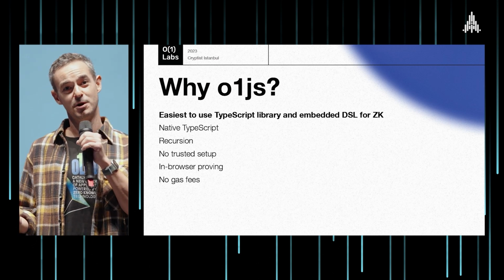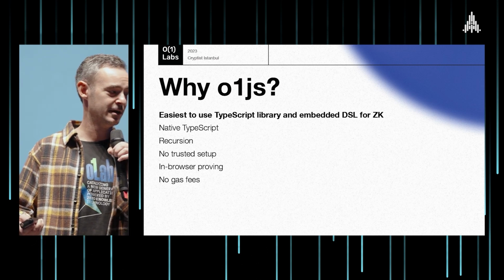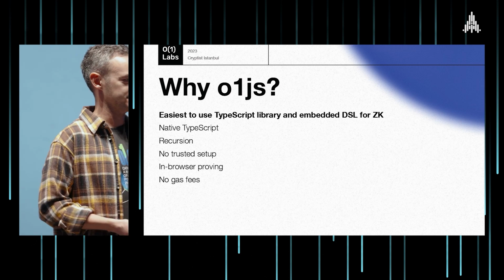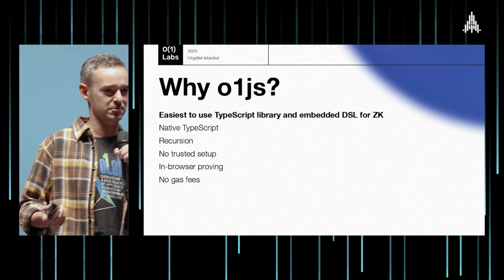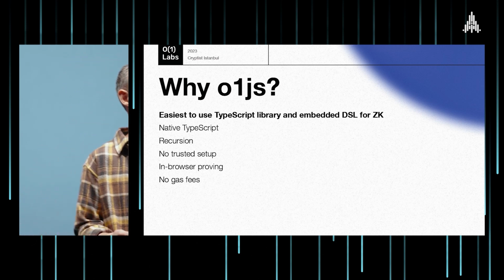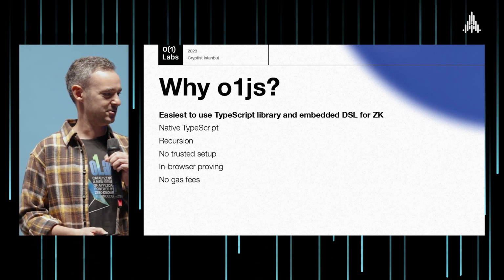No trusted setup is required. In many proof systems, you need to run a trusted setup to get an application going. With O1JS, none of that is applicable. I mentioned already that proving happens in the browser, so you don't have to run a side application on your device. And no gas fees, which I, again, already mentioned.